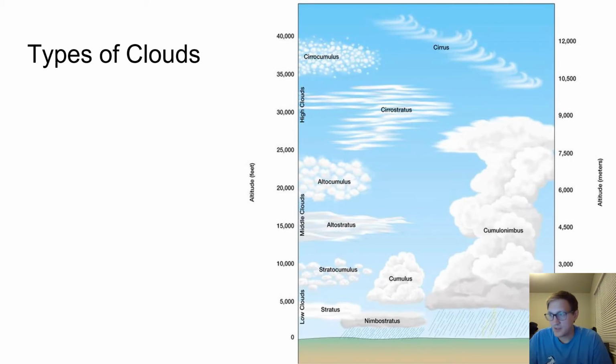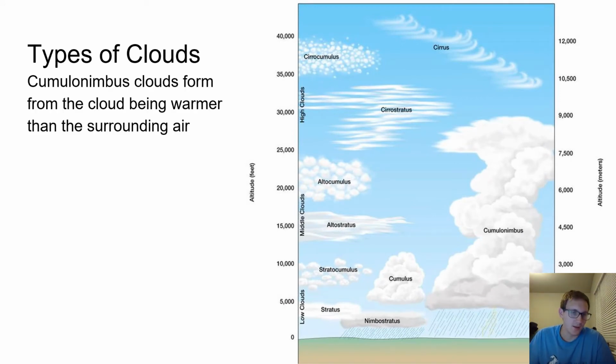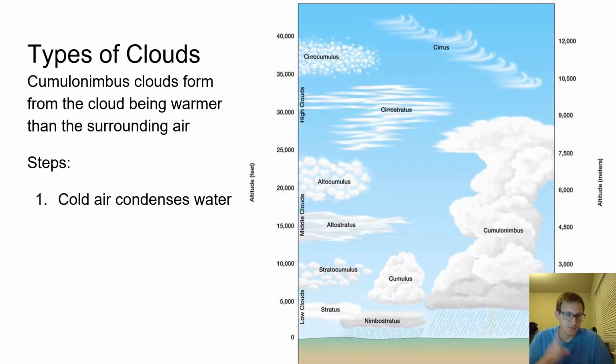So here we have some types of clouds. What we're going to care about for thunderstorms in particular are cumulonimbus clouds, formed from the cloud being warmer than the surrounding air. This tends to cause these things to gain a lot of moisture, which is going to fall down as rain.